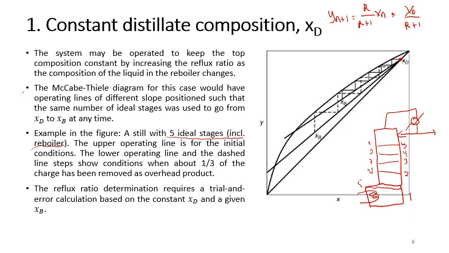This is your XD for your initial ROL, and you only have 5 stages in the column. So if you just set any number of R, then you will have a certain gradient. So let's say this here is your first operating line. Okay, then you step off from XD.